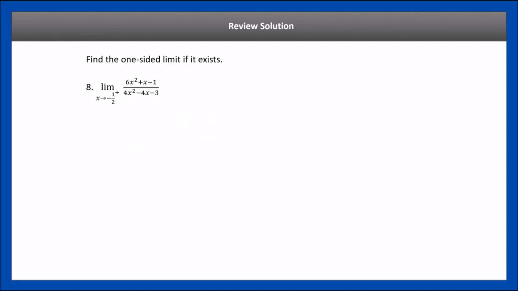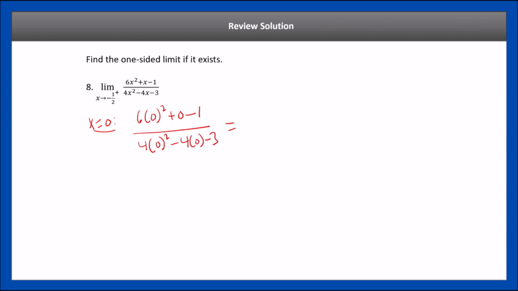Pretty straightforward. All right, here x approaches negative 1/2 from the right. Since we're doing it from the right, let's plug in a number just to the right of negative 1/2. So let's plug in 0. Zero is to the right of negative 1/2, and it's not too far away. If you plug in 0, we get 6 times 0 squared plus 0 minus 1 over 4 times 0 squared minus 4 times 0 minus 3.